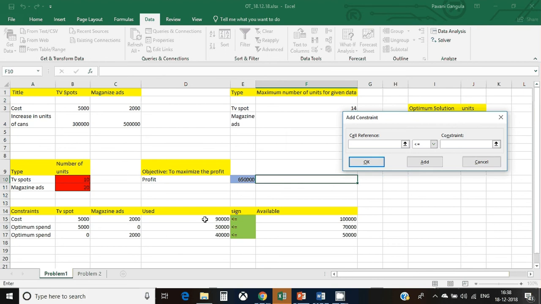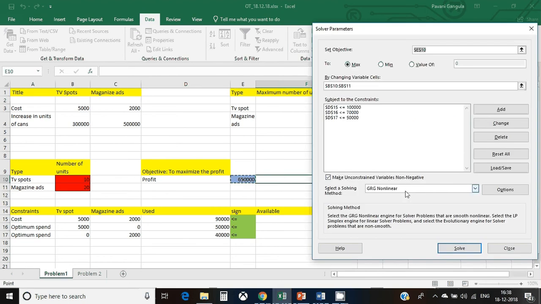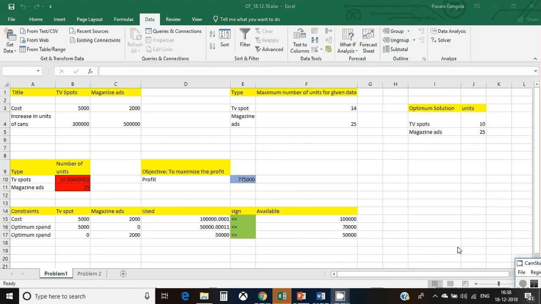The third constraint is this particular cell value, that is the optimum cost, cannot go beyond $1 lakh. Click on Add, then click on Close, and then we'll have the Excel solver. Just check all the constraints and values and then click on Solve.